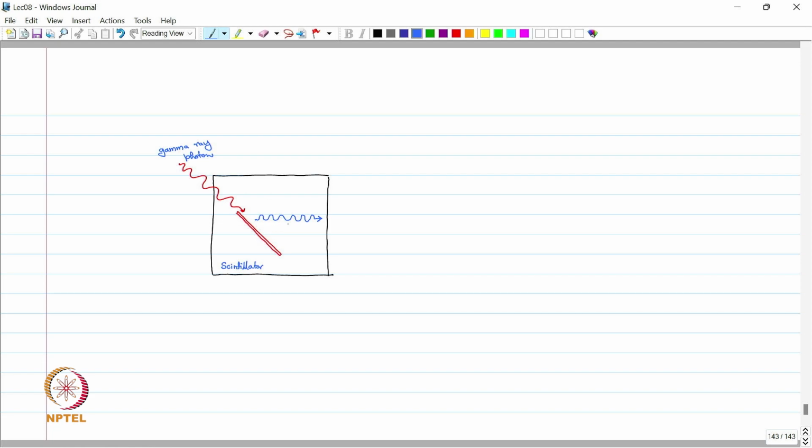This is a light photon. The wavelength of this photon is in the visible range.